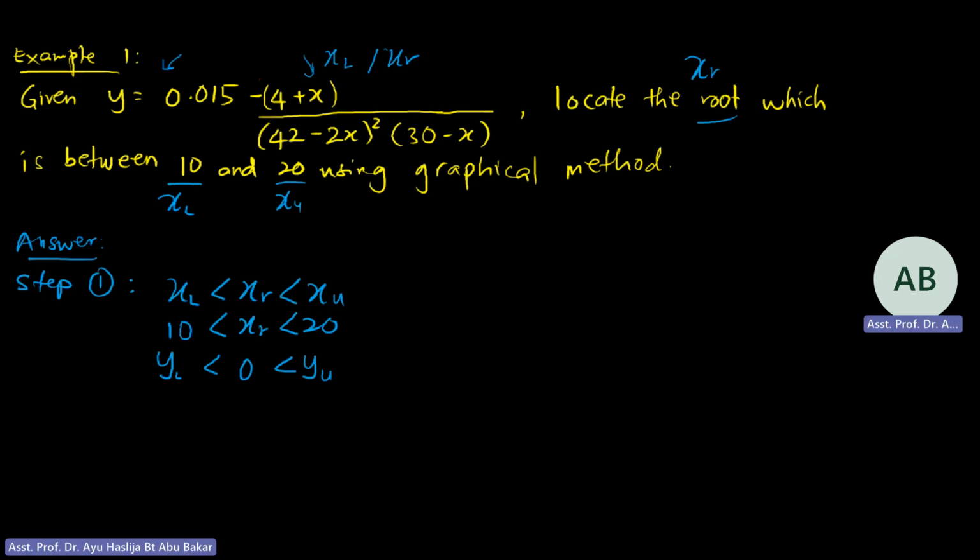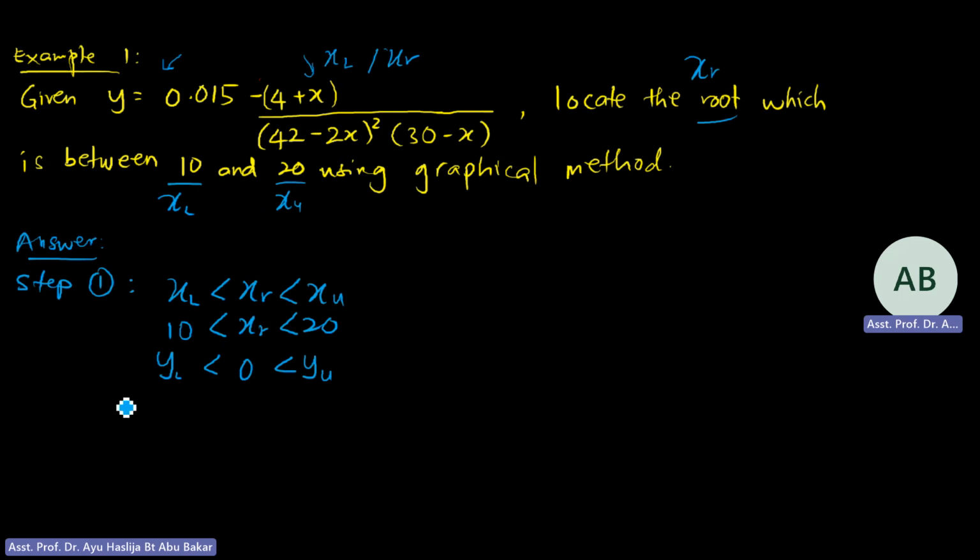Okay, what you get for YL? 0.0135. Okay. In your calculation, always use 4 decimal points first.